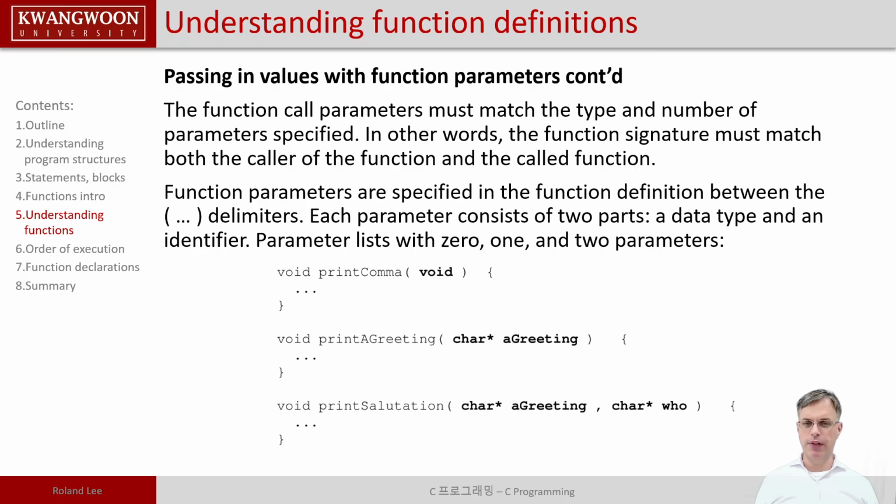Now we have already seen printf. Function parameters are specified in the function definition between the two parentheses delimiters. The ellipsis indicates that there can be 0 or more function parameters in the parameter list, separated by commas, a C token we haven't yet encountered, the comma itself.